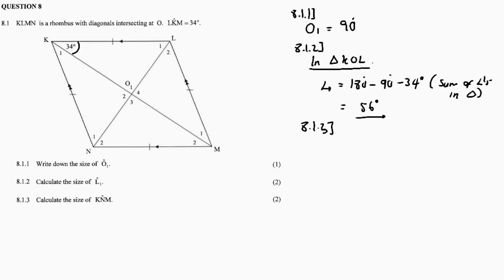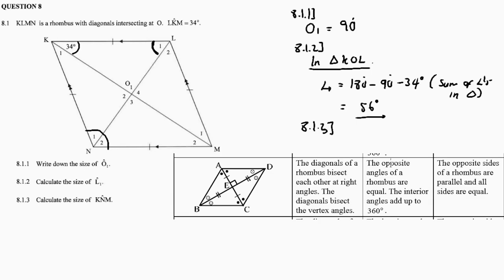KNM. So here we want this whole angle. Well, there are ways you can use for calculating this angle, but since we do have L1, and I know that the opposite angles of a rhombus are equal, and the interior angles add up to 360 degrees.